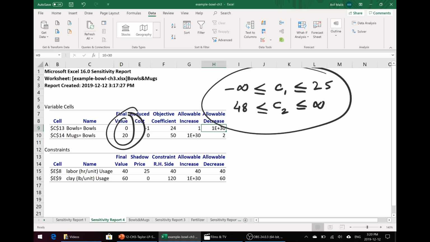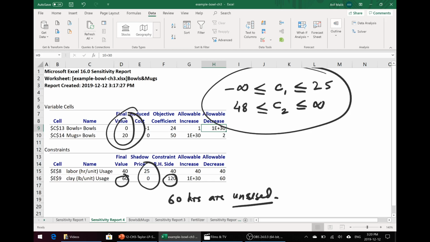We can also see that the shadow prices have been changed as well. The shadow price of labor is now $25 per hour, and the clay is now 0. Why is it 0? Because you can see that the final value is 60 and the right hand side is 120, which means that 60 are unused.